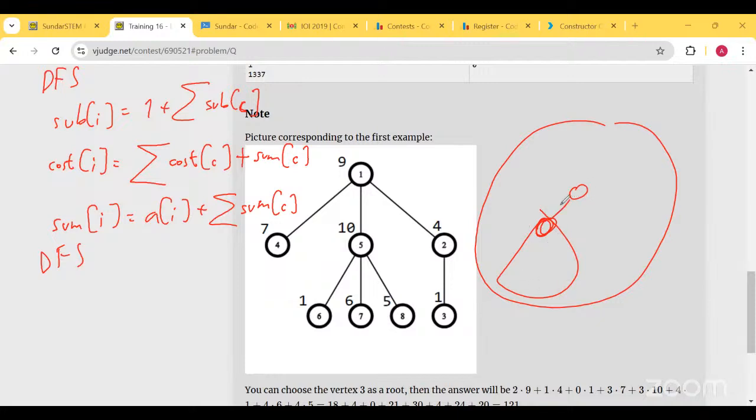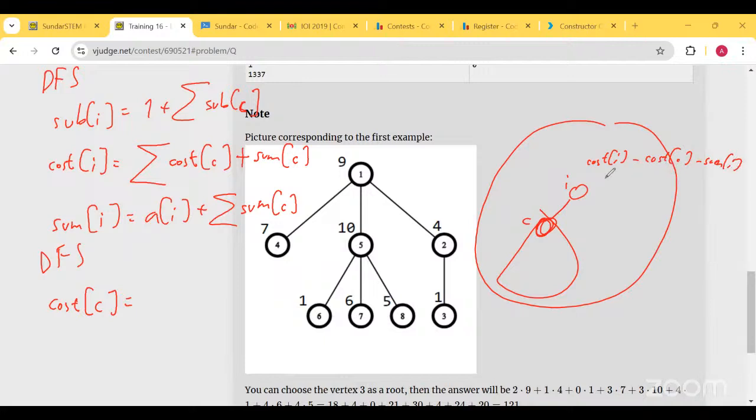So we can get the value by using this. Cost of the child is equal to, for example, this is child, this is I. Cost of the child is equal to cost I minus cost child minus sum child.